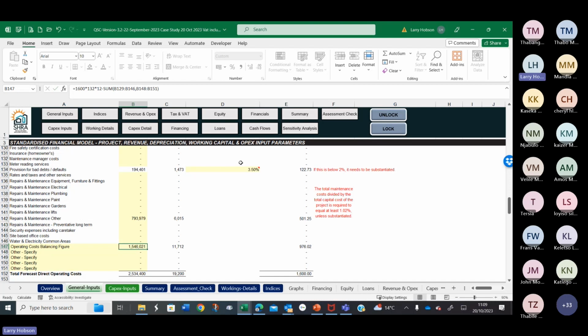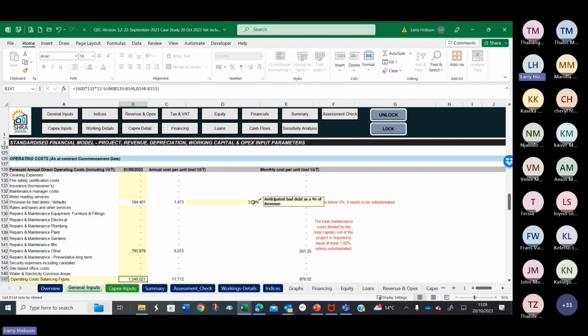Right, our provision for bad debts, remember that gets entered here. The default entered in the model was 3.5%. I'm not going to play with that, so I'm leaving that as it is. So that'll come to 194,000 for the year in terms of bad debt provision. Remember the maintenance, we had to have a provision of 1.02% for maintenance. Now the figure for the maintenance will look at all of these sections here for maintenance, and we'll add them together and see that they are 1.02%.